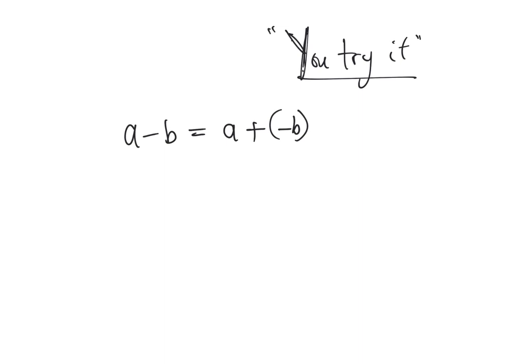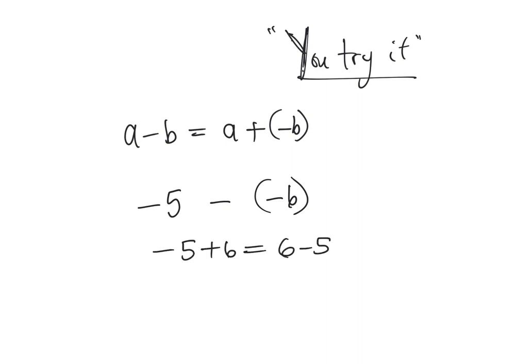Let's look at some examples of situations where you have negative 5 minus negative 6. When you have a situation like this, you can rewrite that as negative 5 plus 6, which is actually the same thing as 6 minus 5, by the way.